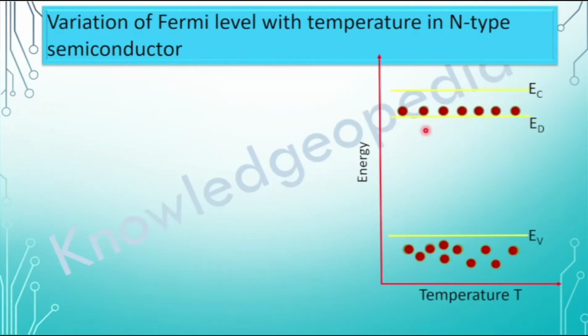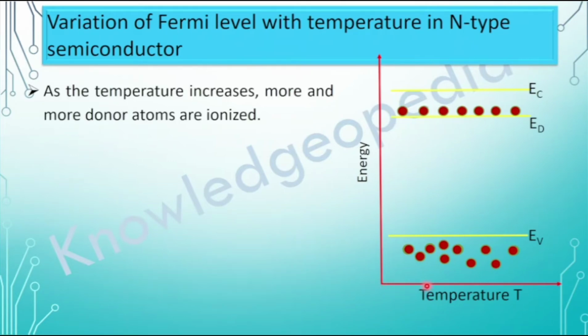Now we will look into the situation where the temperature is other than 0 Kelvin. Here I have taken the temperature in the x direction and this is the energy. If I increase the temperature slowly from 0 Kelvin, you can see there is a small gap between the donor level and the conduction band, and these are the electrons of the dopant atoms.